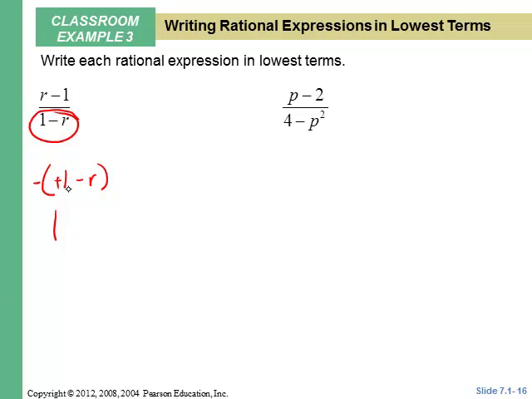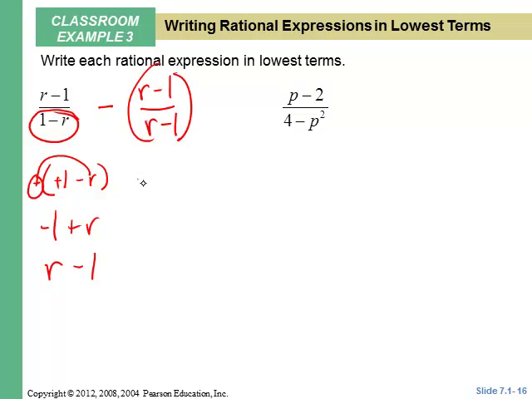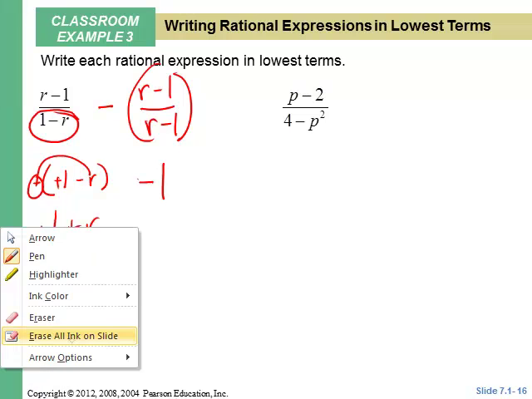Oh, I'm sorry, this is -1 plus r, negative makes positive. Or if we rewrote it the other way, we would have minus. So this negative sign out front, r minus 1 over r minus 1, this part here is the same as 1. So our answer is -1.